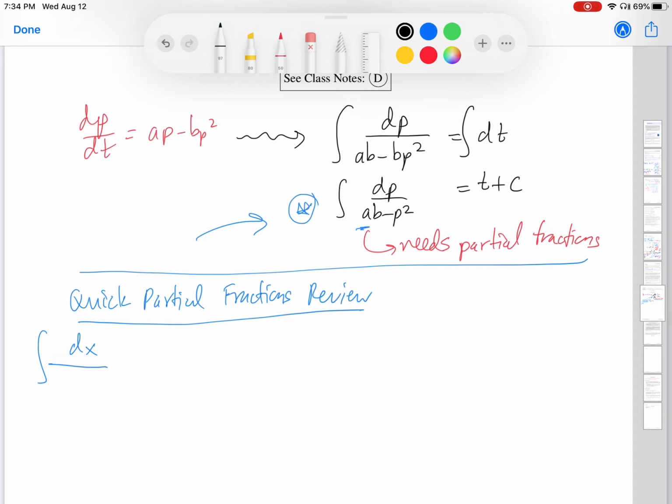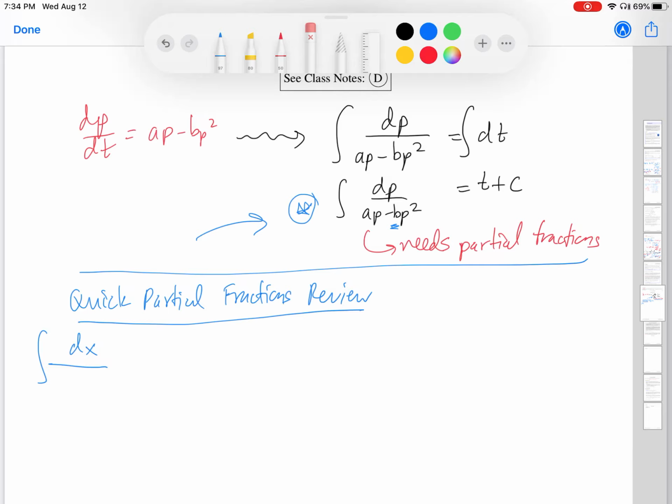Let's put it in there again: ap minus bp squared. I really made a few errors here, also up here. So anyway, in here there are parameters that are unknown, a and b.